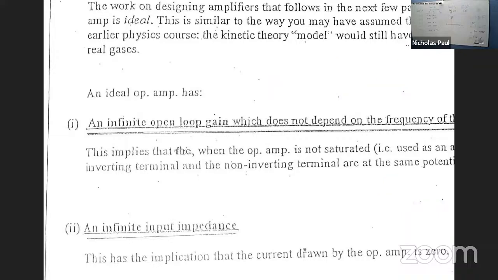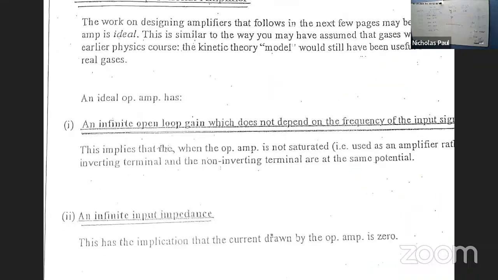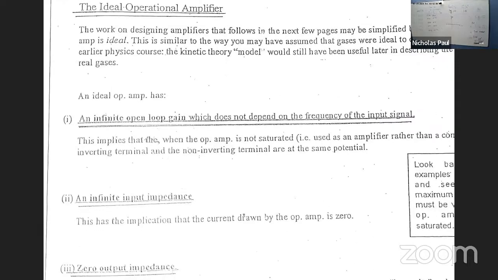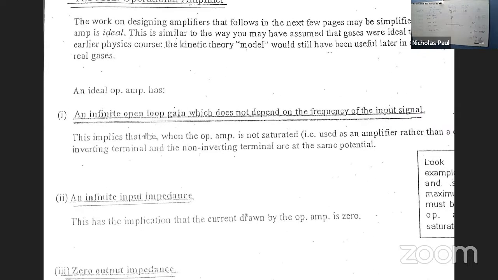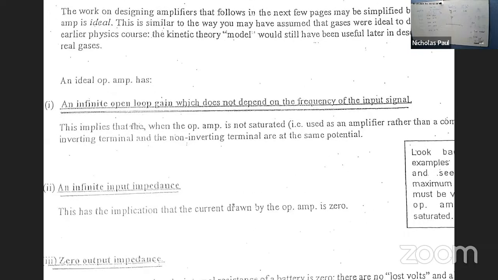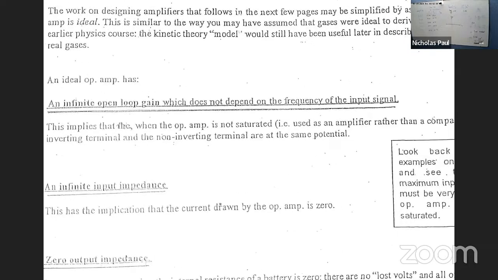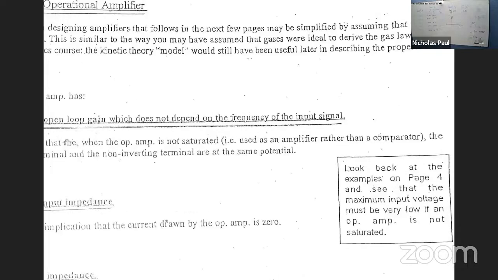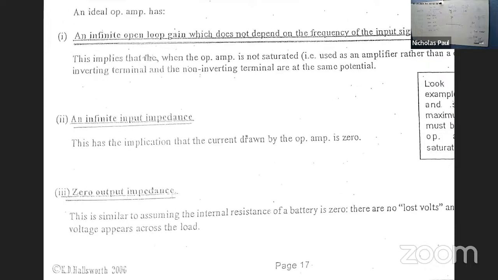Here it says infinite open loop gain, which does not depend on the frequency of the input. I'll explain that frequency just now. This implies that the op-amp is not saturated. Use as an amplifier rather than comparator. You'll see what comparator is. Infinite input impedance simply means this. Impedance means the resistance.